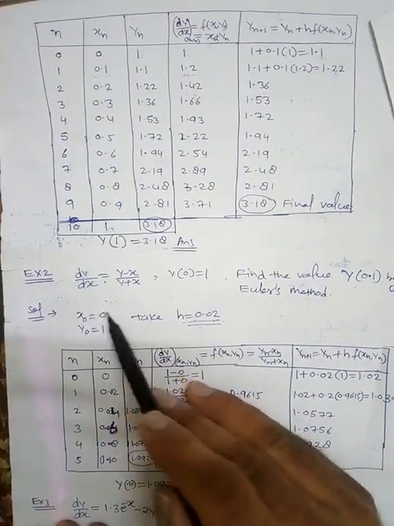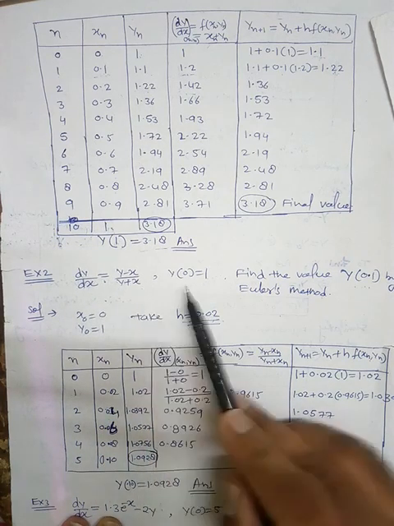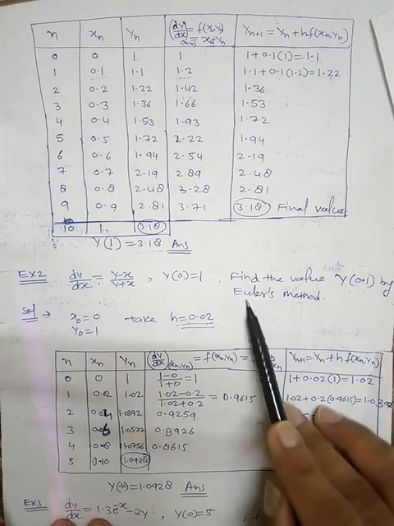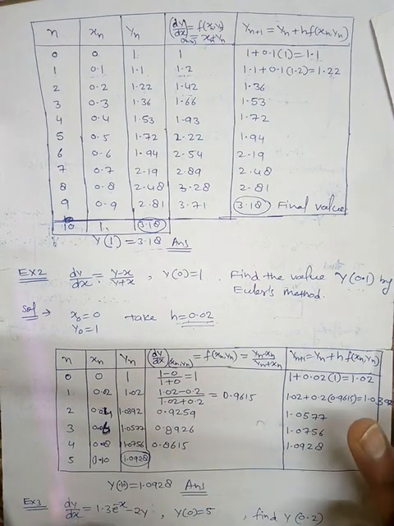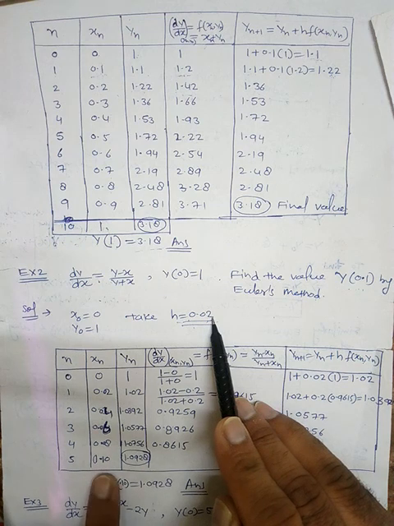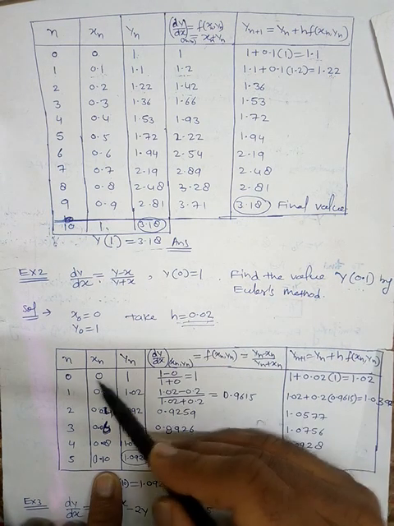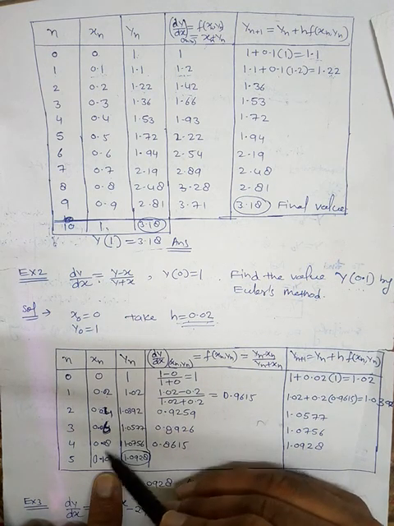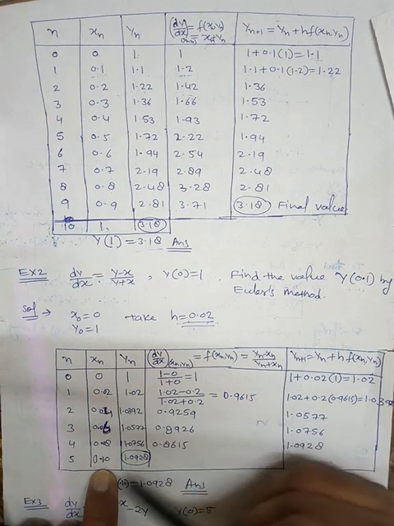Here we have another example, so just note down: dy by dx is y minus x upon y plus x, y at 0 is 1. Find the value of y at 0.1 by Euler's method. This is the tabular form, and here we have taken h as 0.02, and the aim is to find y at 0.1. So we have taken 0, 0.02, 0.04, 0.06, 0.08 and 0.1, which means 5 calculations.